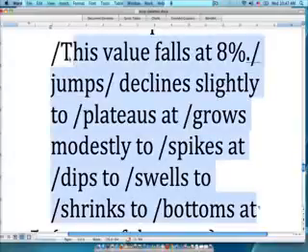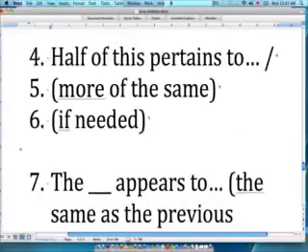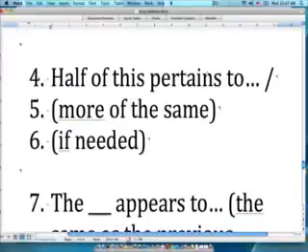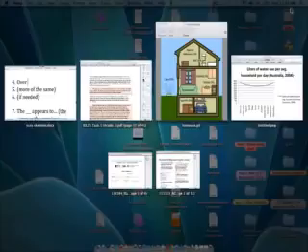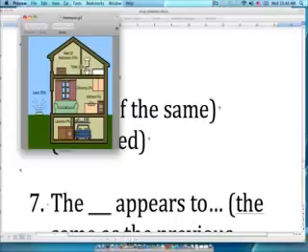Now let's go back to our sentence here, and we were going to write about the bathroom value and how that can be split into two different sections as well. So half of this pertains to, I'm just going to change this a little bit. Let's say over the value for the toilet was 26%, if I'm not mistaken here, 26%.